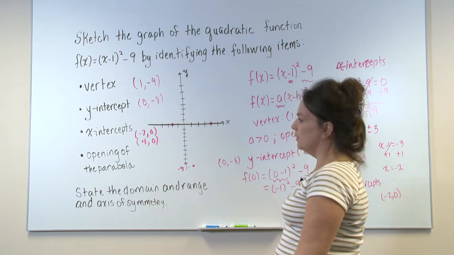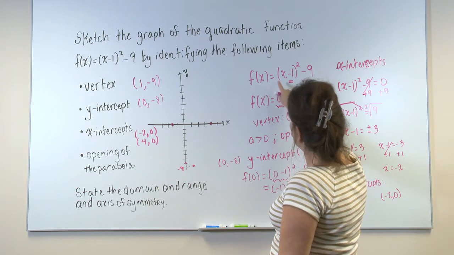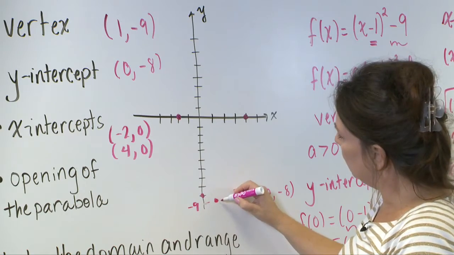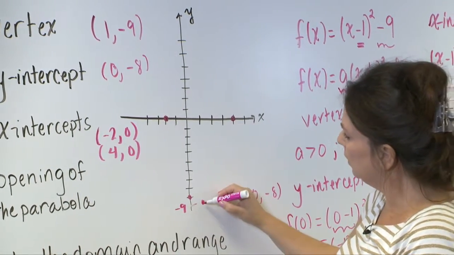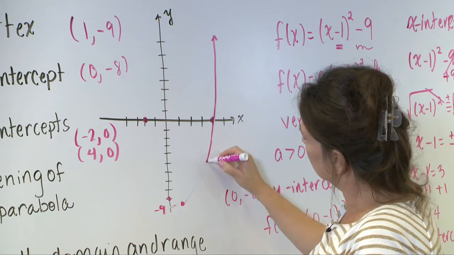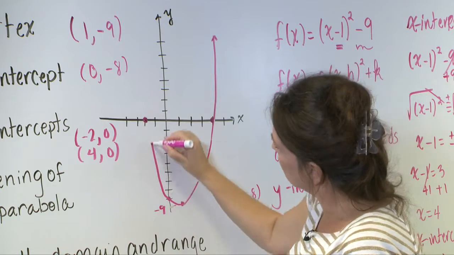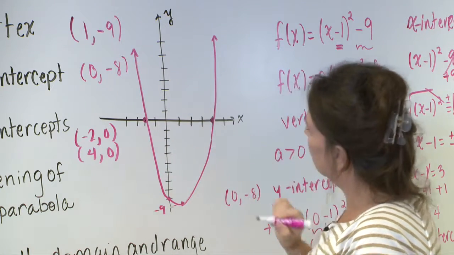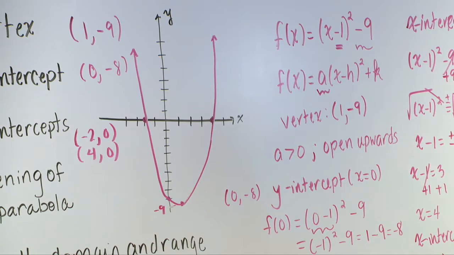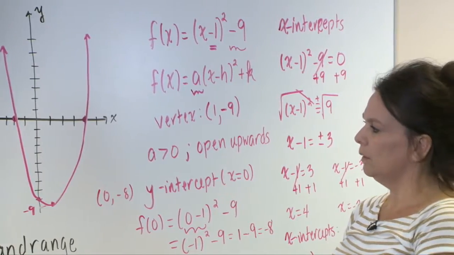We identified that the parabola opens up because the leading coefficient is positive. And so graphing the parabola, we start down here at our vertex. It goes through the y-intercept and the x-intercept. So that is the graph of f of x is equal to (x minus 1) squared minus 9.